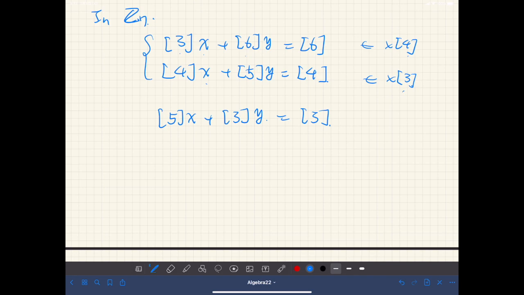And 3 times 4 is 12, in modulo 7 it is equal to 5, and 3 times 5 is 15, in modulo 7 it is equal to 1, so this is y, and 12, that is 5. So these equations are equivalent to these equations.